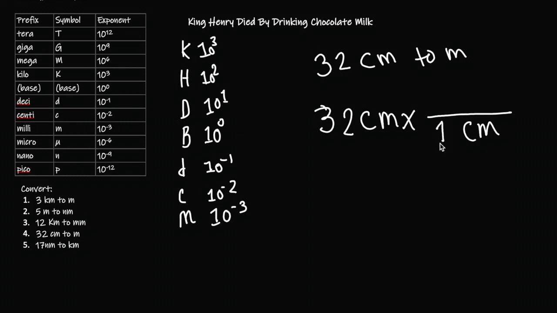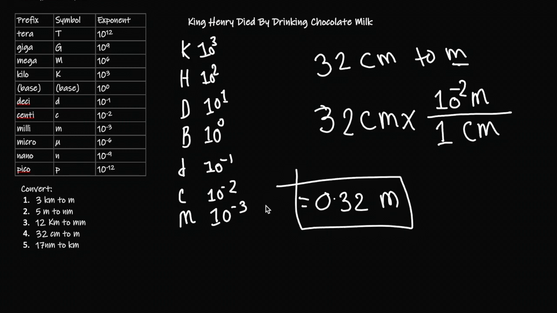So we write 1 centimeter, and with the meter, which is the base, we're going to write our exponent. So for centimeter we have -2. We just write -2. 32 times 10 to the exponent of -2 gives us 0.32 meter.